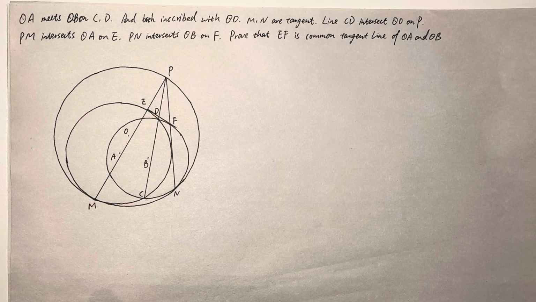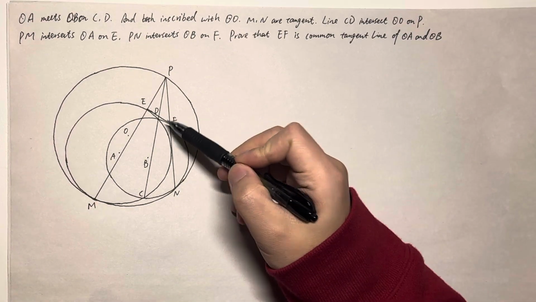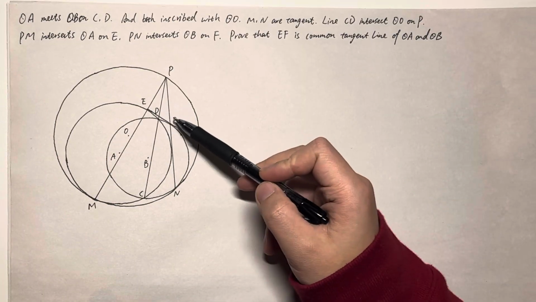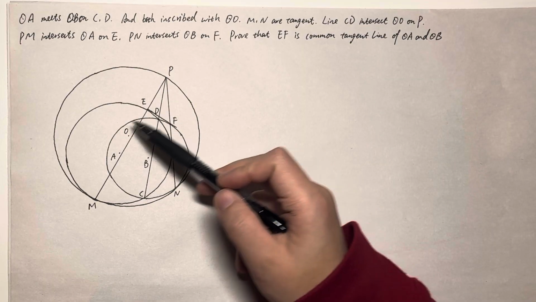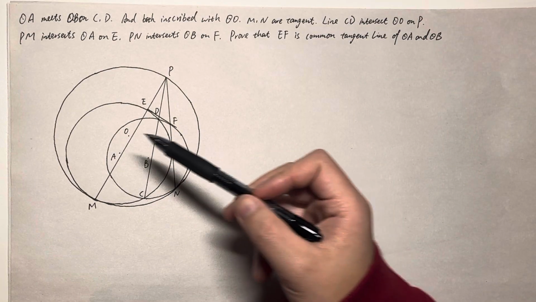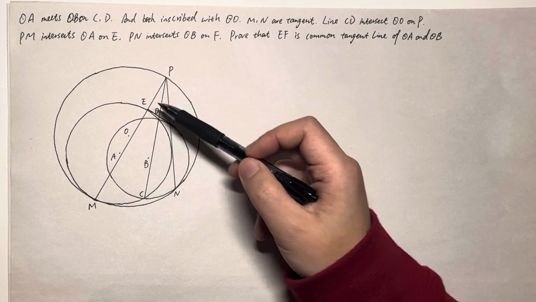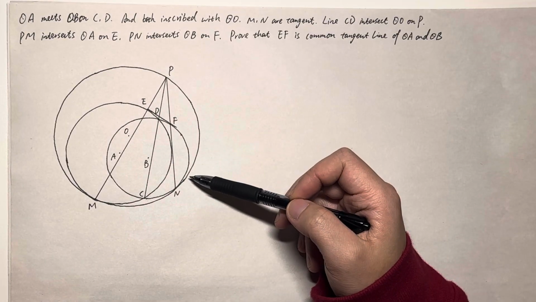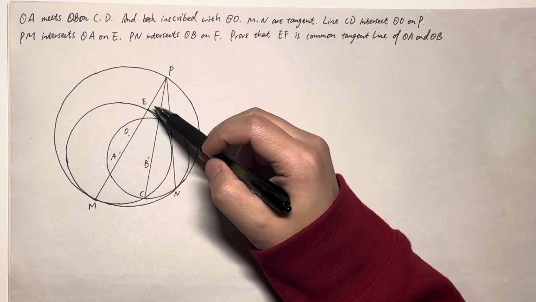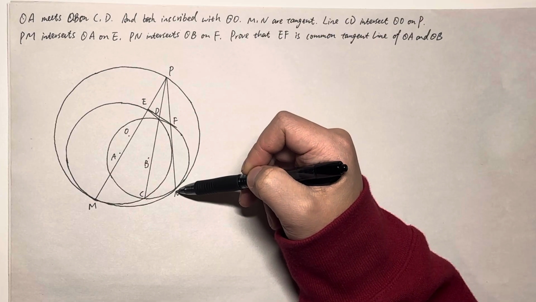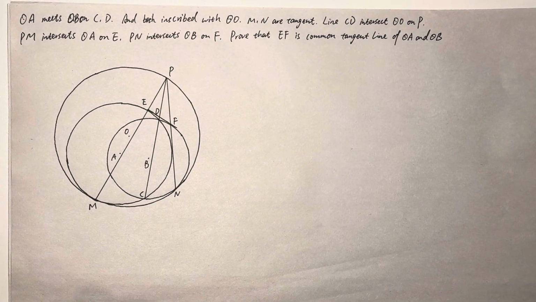That's the first solution I figured out: to prove that EF is a common tangent of circle A and circle B, we can prove that EF is a tangent line of circle B, and then that EF is a tangent line of circle A. To prove that EF is a tangent line of circle B, we can prove that angle EFD equals angle DNF, which makes it a very lengthy solution.